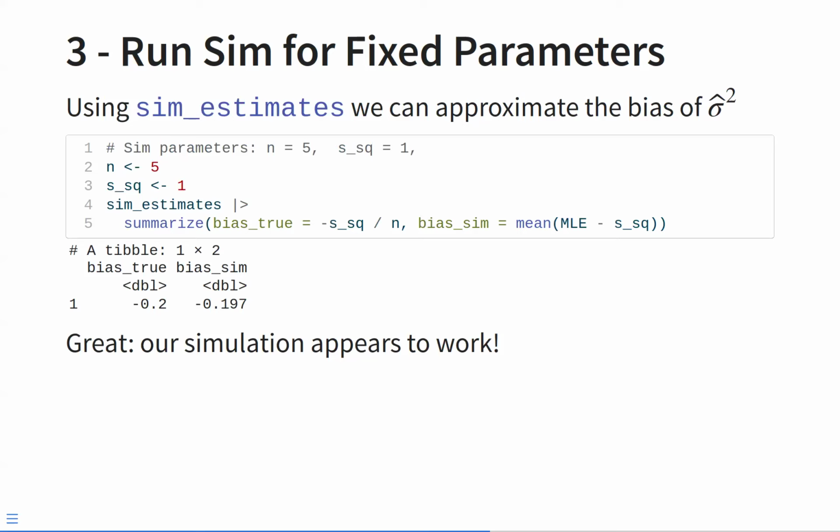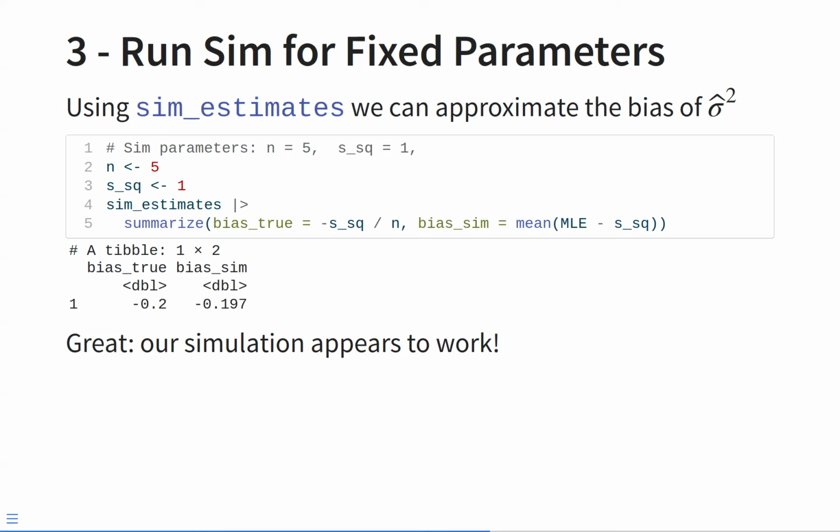Now what I will do is I will take my simulation estimates, which if you remember was a tibble with 5,000 rows and 2 columns, one for each of the estimators. Then I will compute the bias. What is the bias? Well, I'm going to compute the bias of the MLE, and I'm going to do it 2 ways. One way is I'm going to use the analytical bias formula, so I'm calling this bias underscore true.